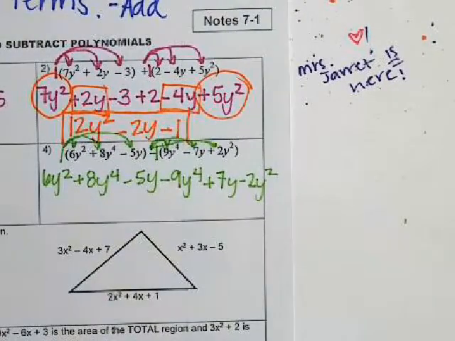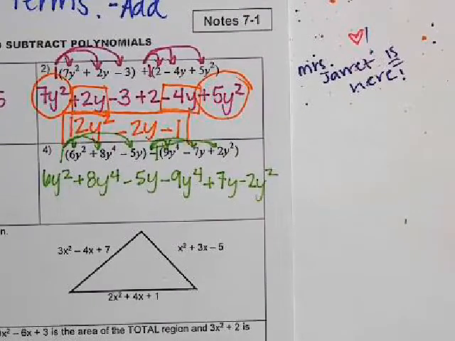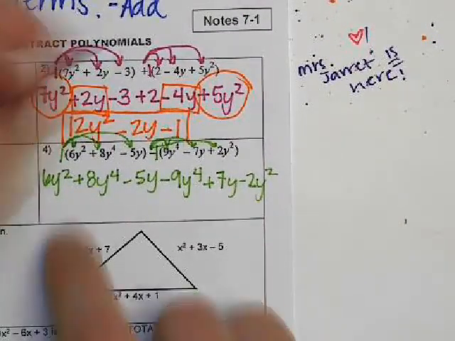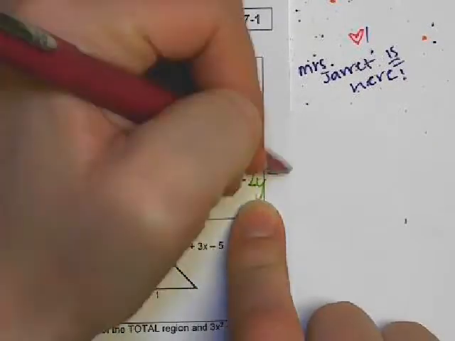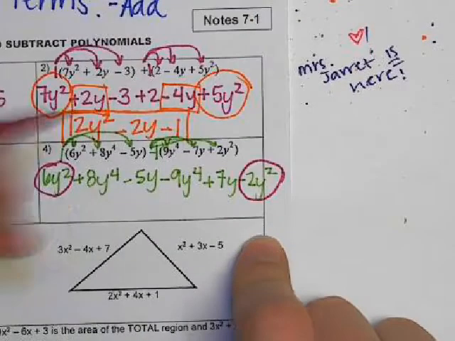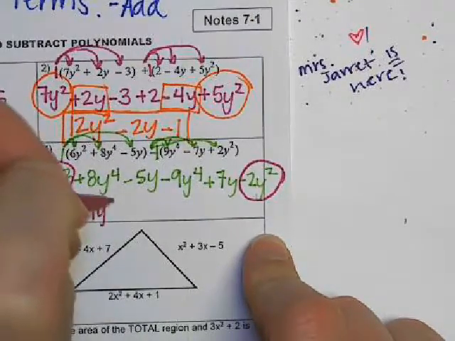Okay, make sure you distributed right. Check this. You can combine your like terms. Okay, circle 6y squared. What's its like term? Negative 2y squared. So 6 plus negative 2 is 4y squared.